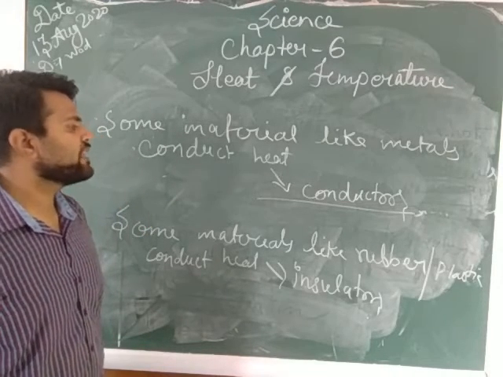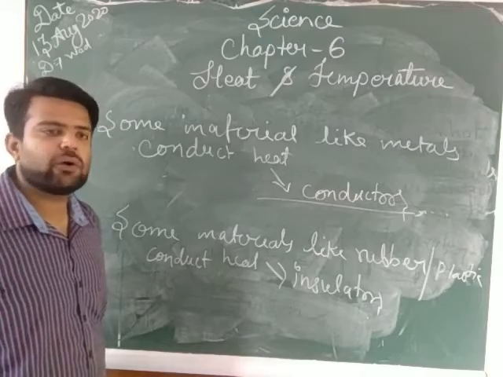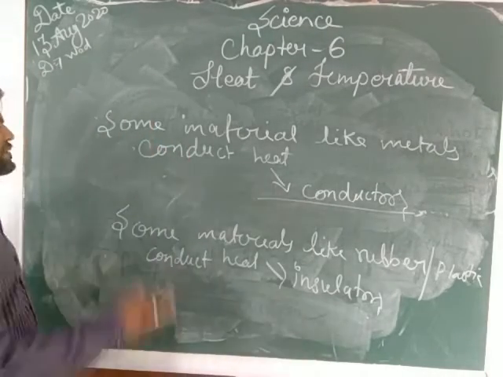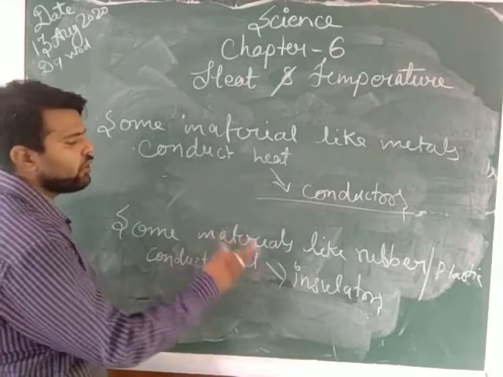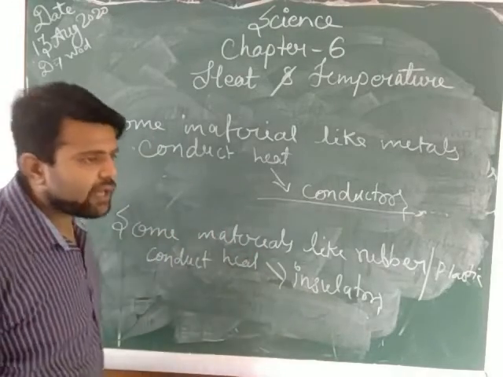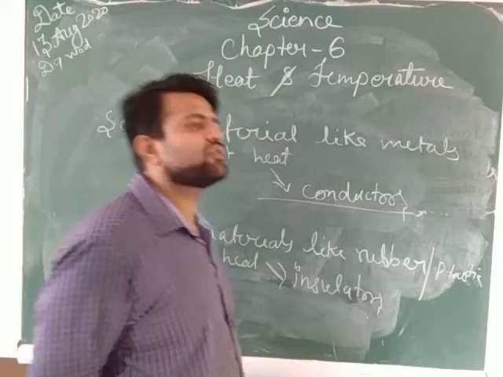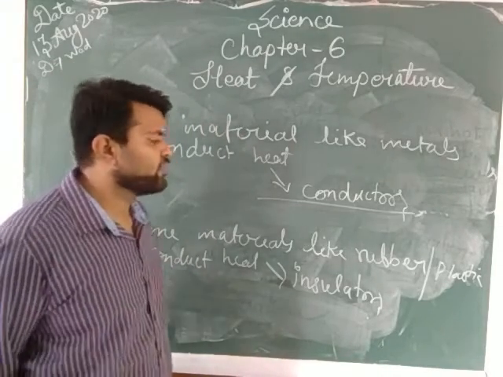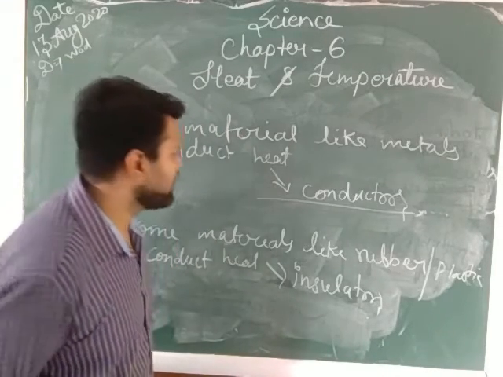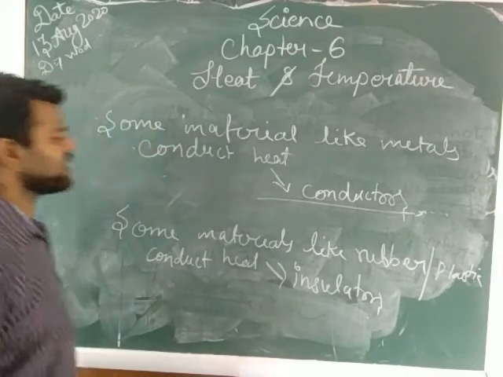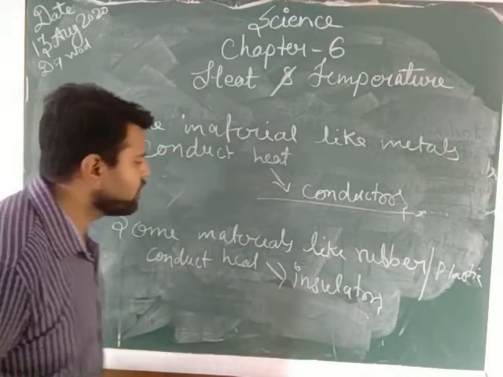All the metals are good conductors of heat. Whereas the materials which do not conduct heat are called insulators. Examples can be given as rubber or plastic.